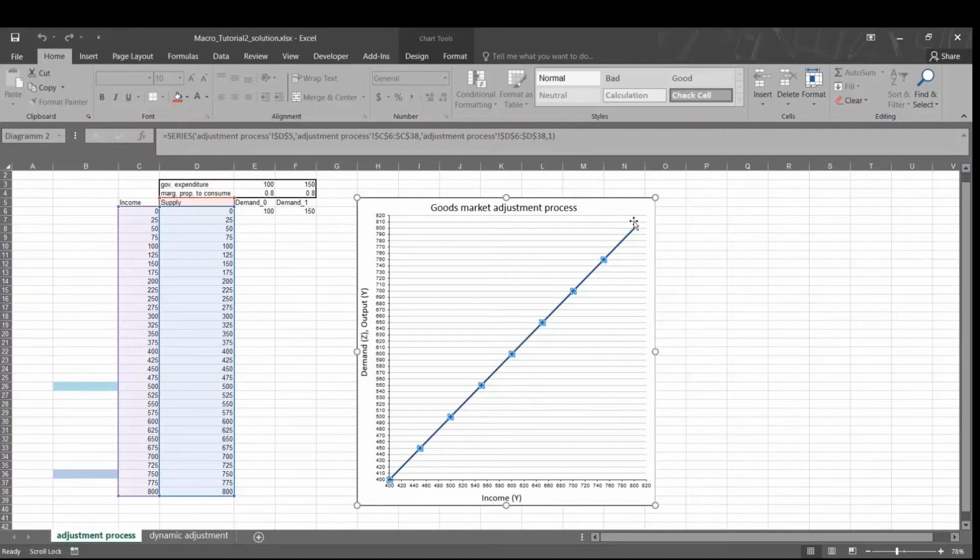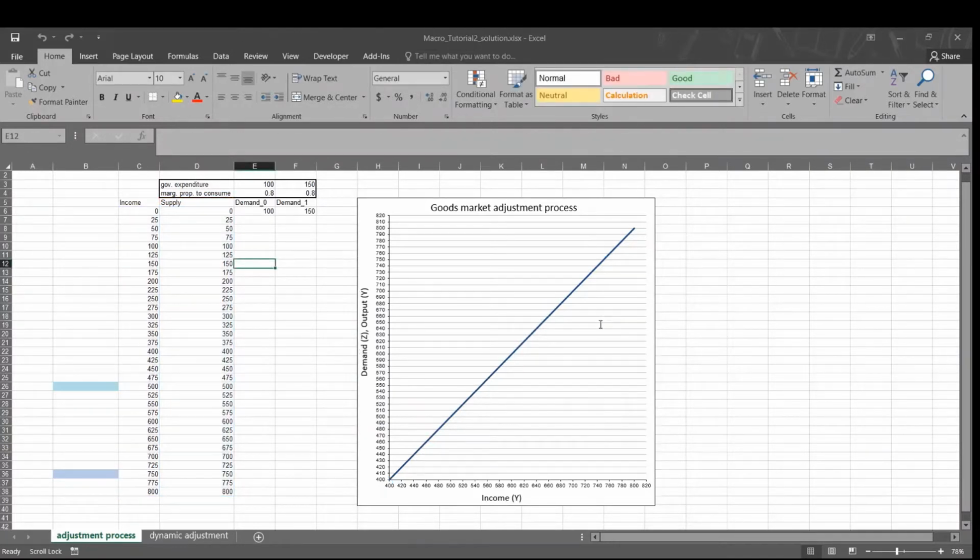On this 45-degree line, demand is always equal to supply, because each x value is equal to each y value. For example, if we take an x value, or an income or supply value, of 500, this 500 is equal to the y value, or the demand value, of 500.